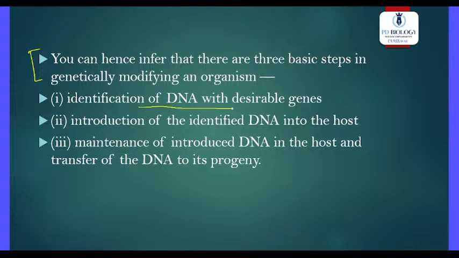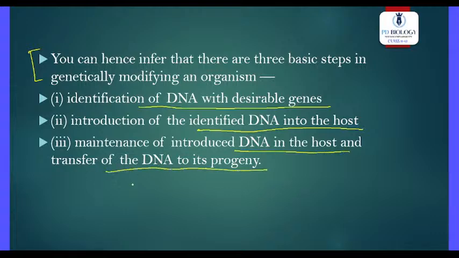Identification of DNA with desirable genes, introduction of the identified DNA into the host, maintenance of the introduced DNA in the host, and transfer of the DNA to its progeny. So these are the three basic steps in a genetically modified organism: identification, introduction, and maintenance.